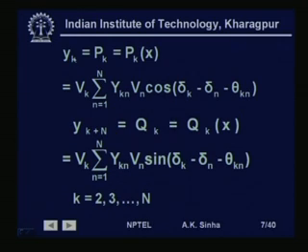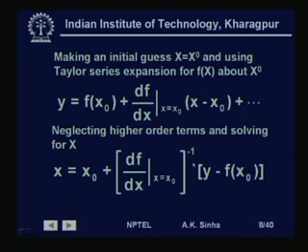So, k equal to 2 to n will be the first n minus 1 equations, and n plus 2 to 2n will be the other n minus 1 equations for the reactive power. We have arranged our equations like this.